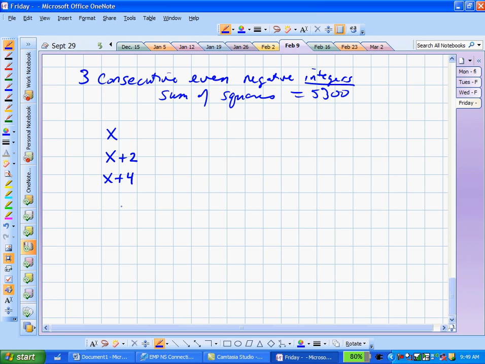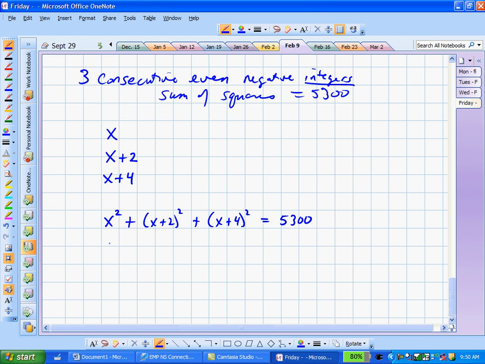All right, so what's our equation going to be? x squared plus (x plus 2) quantity squared, the second number squared, plus the third number squared equals 5,300. Perfect. This is looking good. All right, so we're going to FOIL it out.